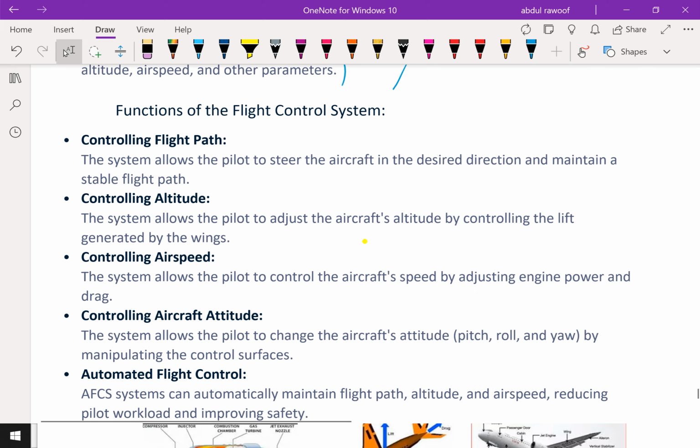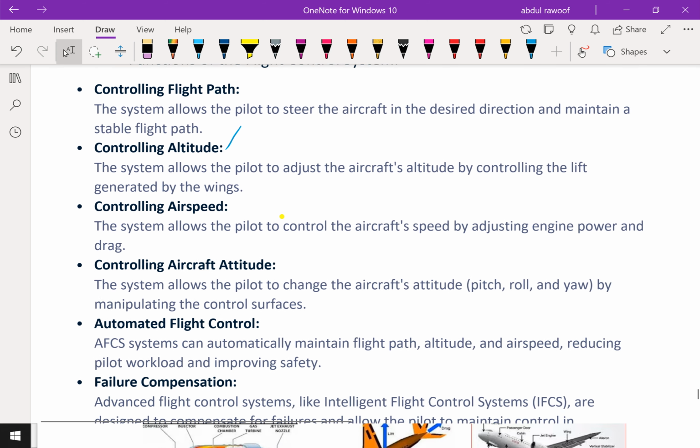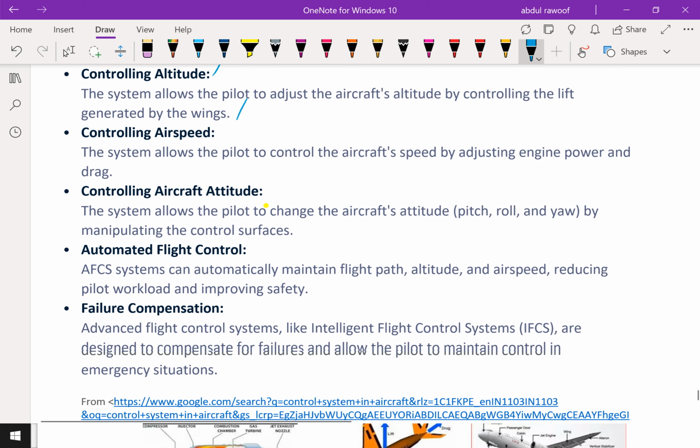Functions of the flight control system. Controlling flight path. The system allows the pilot to steer the aircraft in the desired direction and maintain a stable flight path. Controlling altitude. The system allows the pilot to adjust the aircraft altitude by controlling the lift generated by the wings. Controlling airspeed.